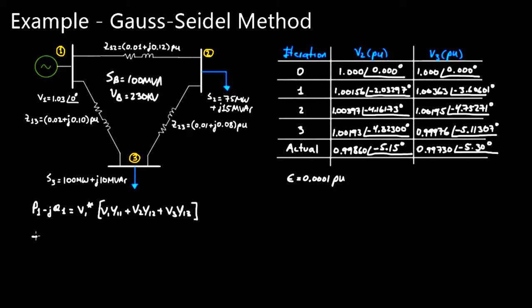And so plugging in the numbers over here, I would get that this is equal to 1.03. Of course, the conjugate of 1.03 at 0 degrees is the same thing. And then that times 1.03 times Y11, which from the previous example was equal to 2.61274 minus J 17.89124.